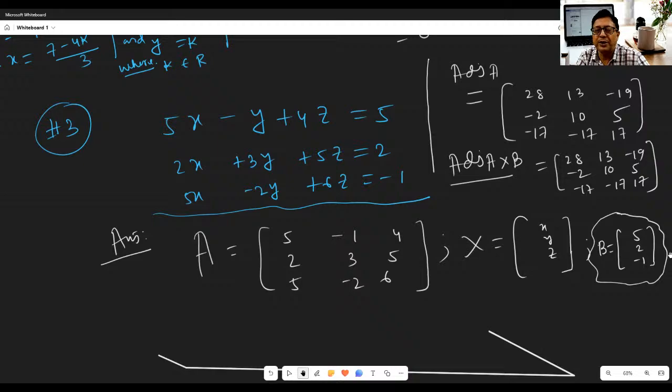Multiply this by B, I mean 5, 2, minus 1. So this is 140. No, it is not coming 0 matrix. Check once. Check, check, check. 5, 2, minus 1. Is it coming 0?